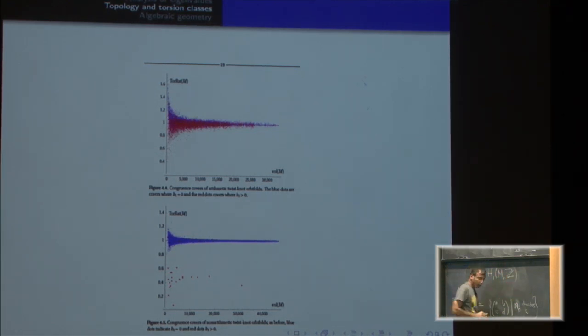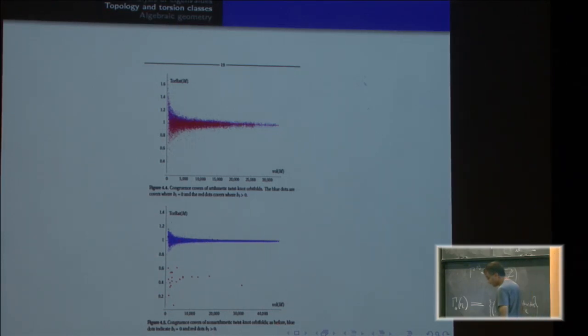Red dots are where it's infinite, with a free part. Here's what you see. In the arithmetic case, there are a lot of red dots and a lot of blue dots, and they more or less converge nicely. In the non-arithmetic case, there's no problem with the blue dots, but the red dots behave much more problematically.